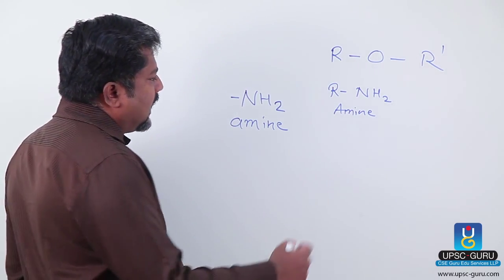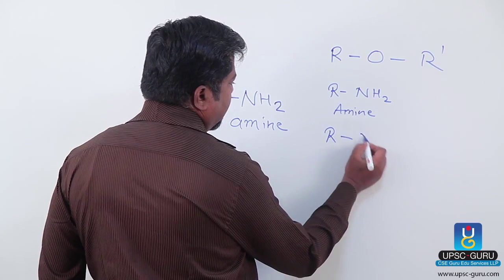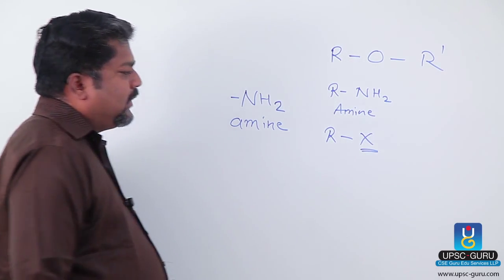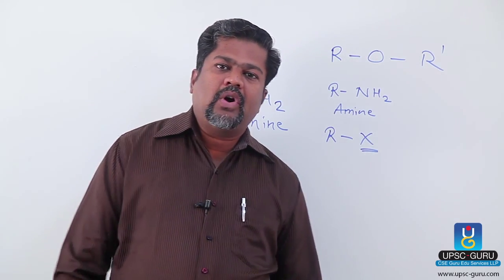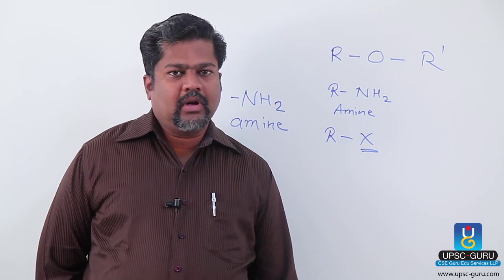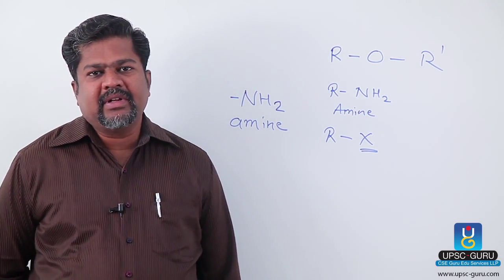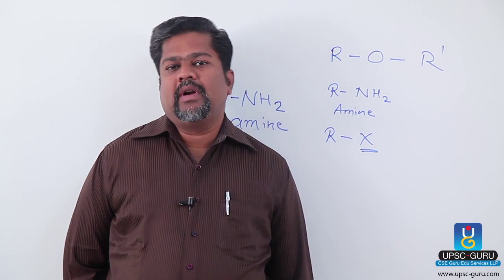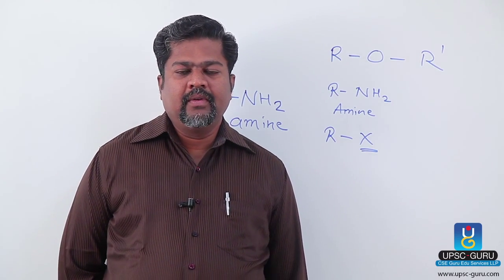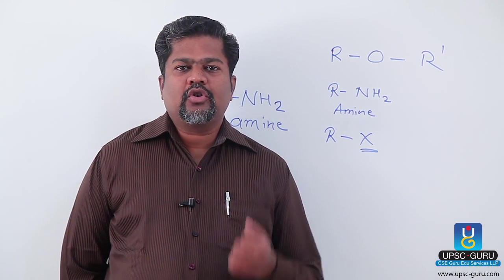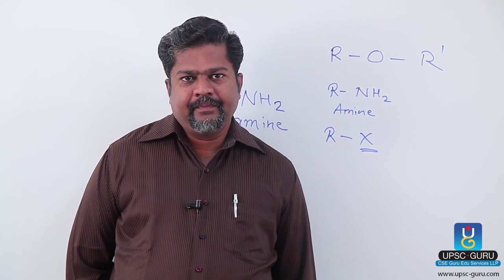Now another functional group we are giving as RX. Here X stands for halogen. You are aware that in the periodic table we discussed the 7th A group, or simply now called the 17th group: fluorine, chlorine, bromine, iodine.